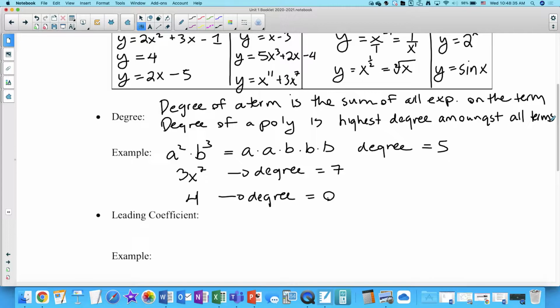Okay, so for example, if I had this guy, x to the 11 plus 3x to the 7. Okay, 2 terms. This one has degree 11. This one has degree 7. So overall, the degree is 11, because you go with the highest.